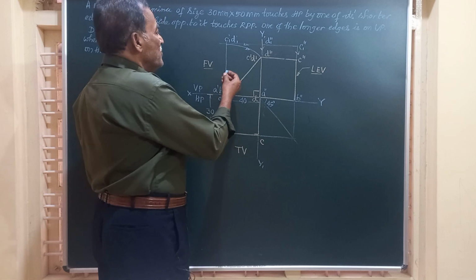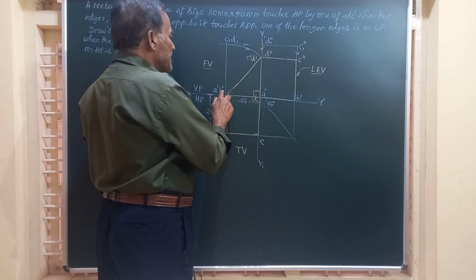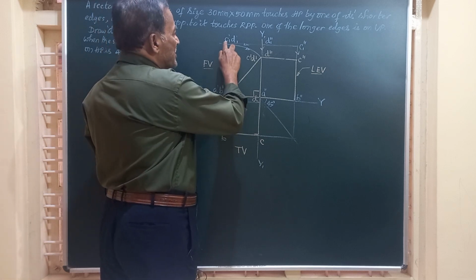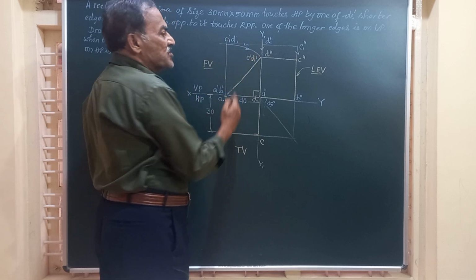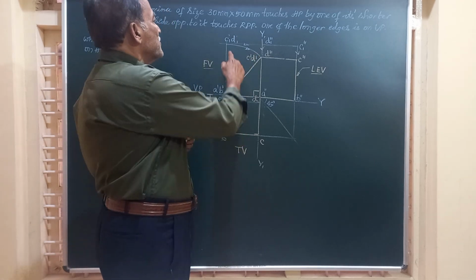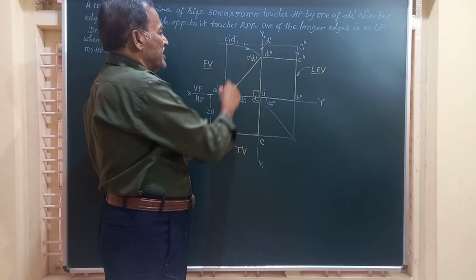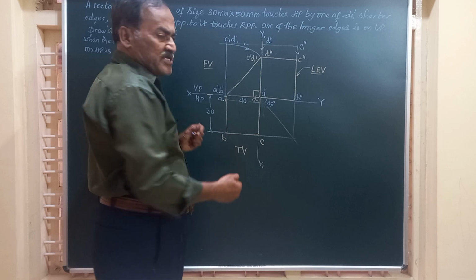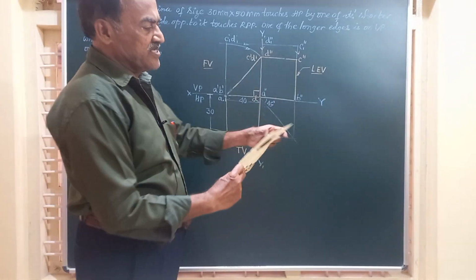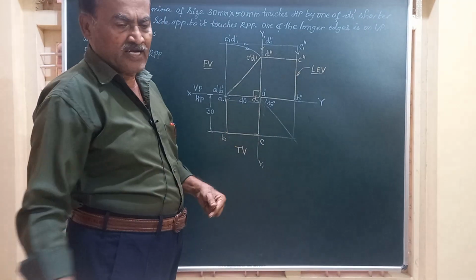In the front view, you can see it is a line A dash, B dash, C1 dash, D1 dash, because the position of this is going to change later, and hence I have shown it as C1 dash, D1 dash. And friends, in the top view you see the shorter edge, which is 30 millimeter.